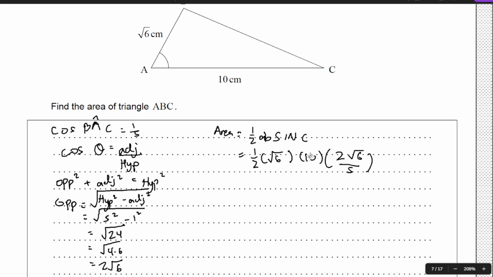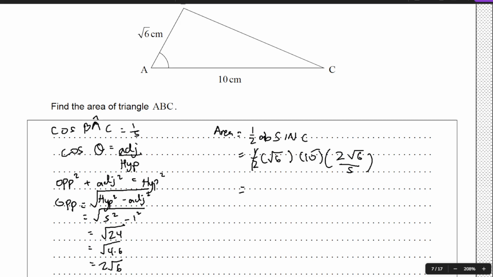Now we just need to do a little bit of multiplication. We can see, all right, 10 over 2, once we move this over here, we can just turn that into a 5, and then divided by 5 over here, that would just be 1.